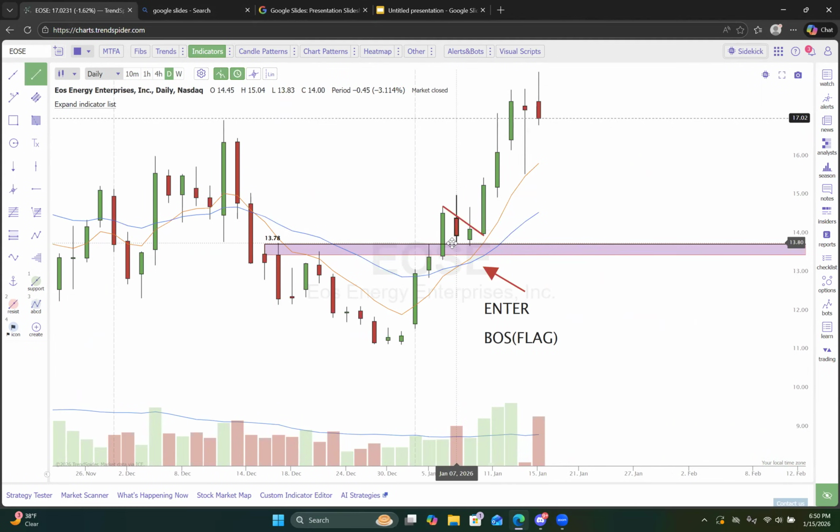Nice little bull flag, boom. Flagpole, I consider this whole flagpole. Let's go here. You have the flagpole, bull flag, continuation. Flagpole into structure, right? Supply turns into demand, move higher, or you can use the 8 EMA as well, right? This is actually a perfect setup here. But that's a bull flag, right?